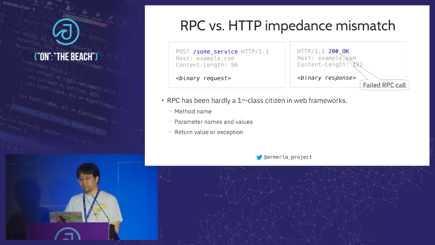Ironically, it is pretty common for RPC protocols to always use 200 OK and put the actual result into the response body. HTTP-based frameworks often do not provide information like method name, parameter values, parameter names, and return value or exception of the RPC calls, and they are hidden under the cover. I call this problem an impedance mismatch between RPC and HTTP.